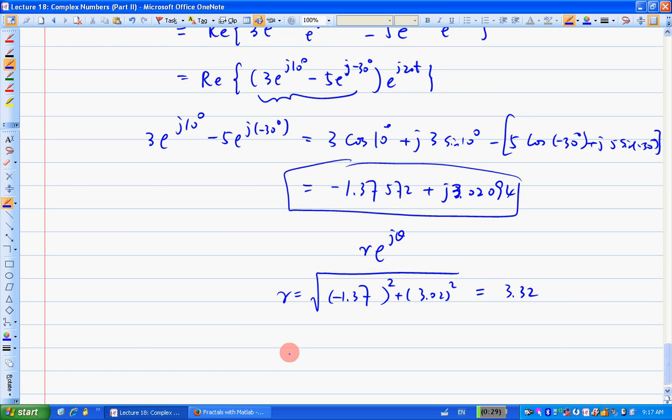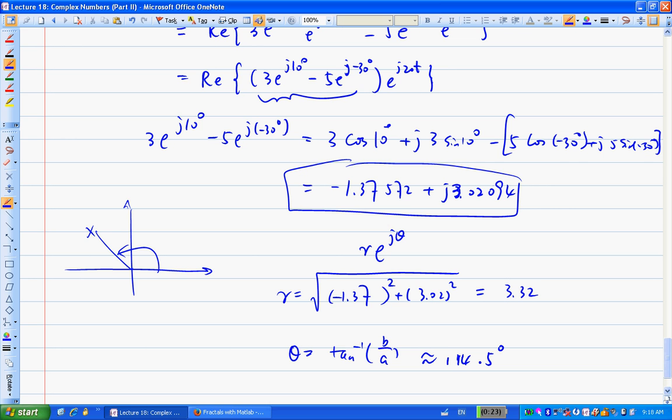And theta is arctan of B over A. But you need to look at where A and B are. Which quadrant is this complex number in? It's somewhere here, so your theta angle is actually going to be 100-something degrees. So you should add 180 degrees to what the calculator gives. This should be 114.5.